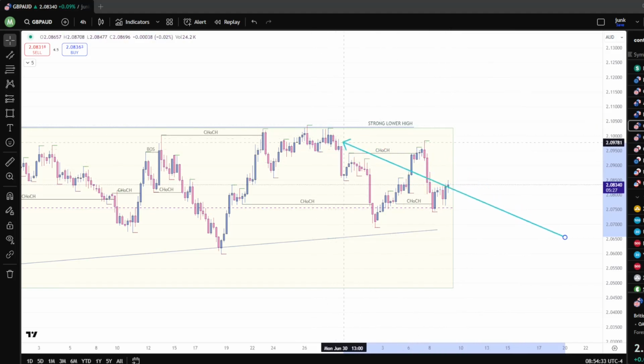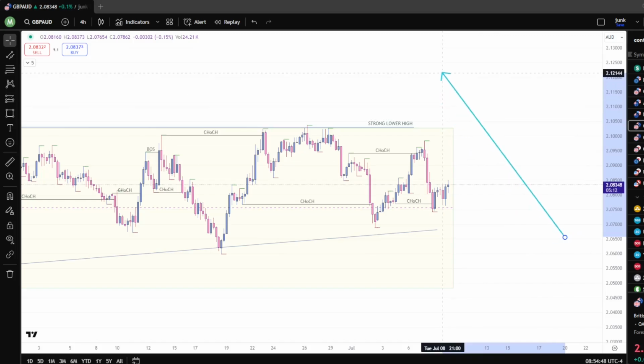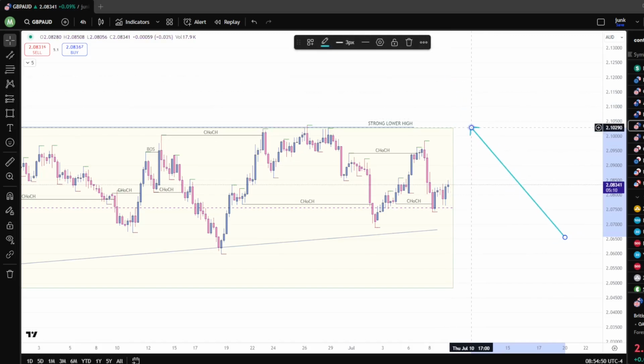As you can see, every time it comes close to the lower high, sellers step back in, and when it comes close to the lower trend line, buyers step back in. So essentially just consolidating sideways until price makes a decision on whether it wants to break lower or higher. I'd be waiting for any type of momentum shift in either direction. But right now, no decision is being made on where prices can go.